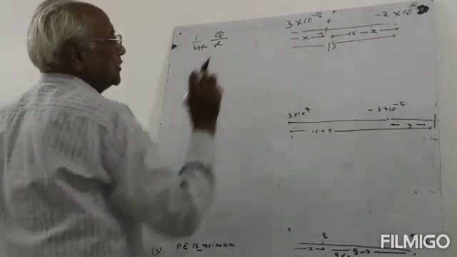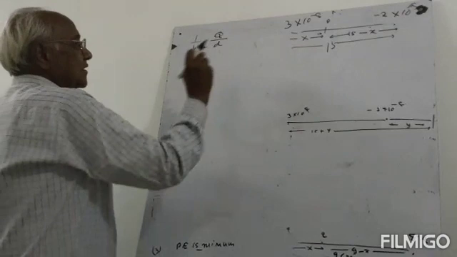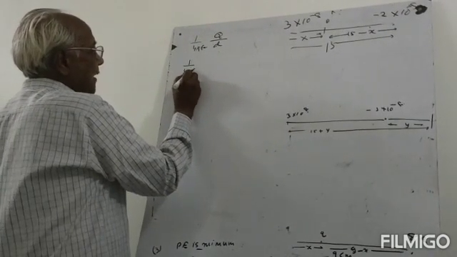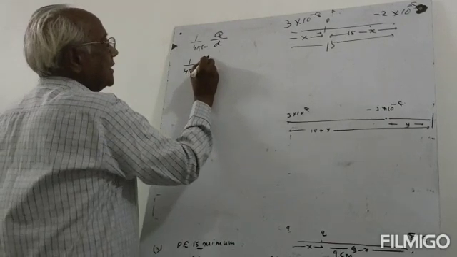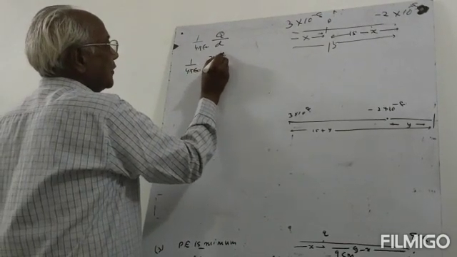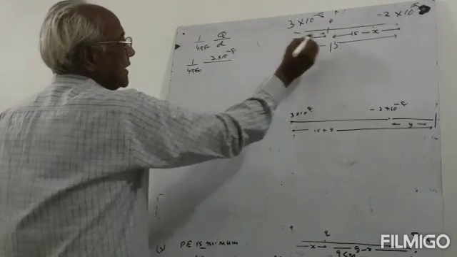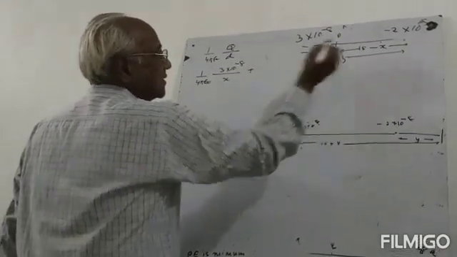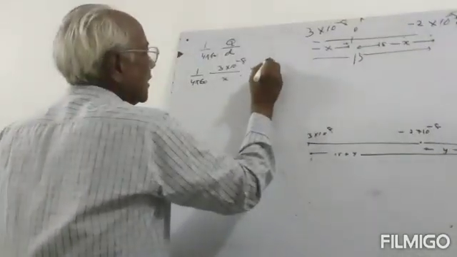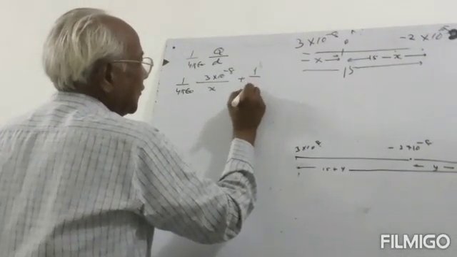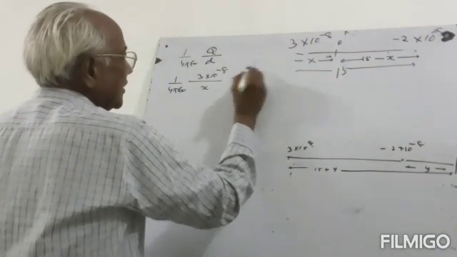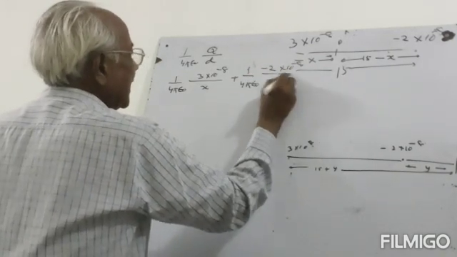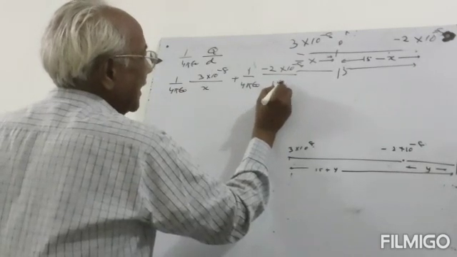So for this positive charge, it will be 1/4πε0 × 3 × 10^-8/x, plus, due to this charge, 1/4πε0 × (-2 × 10^-8)/(15 - x).